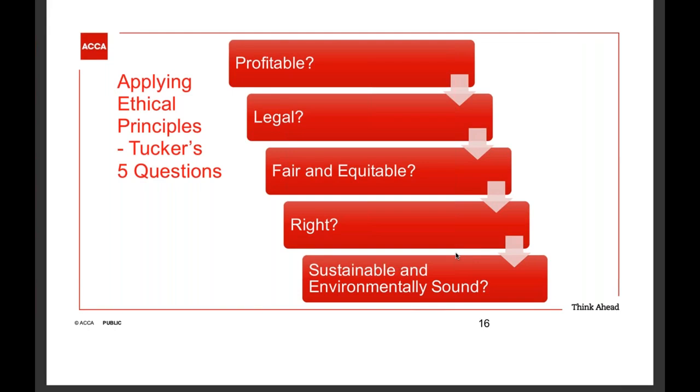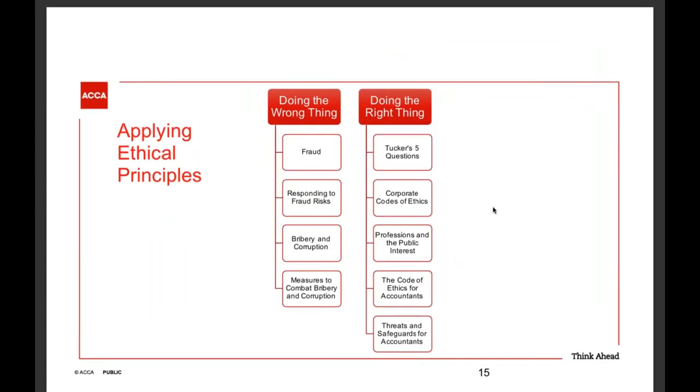And one way to actually apply ethical principles in your decision making is applying Tucker's 5-question model. If you notice here, previously you have Tucker's 5-question model. This is one of the mechanisms for you to do the right thing, especially when you want to make ethical decisions.